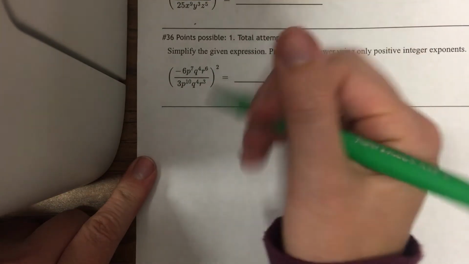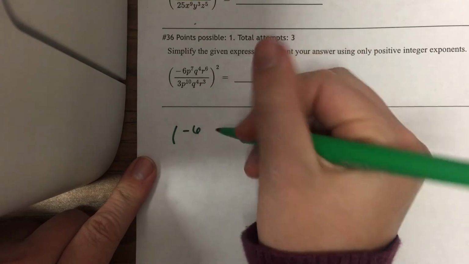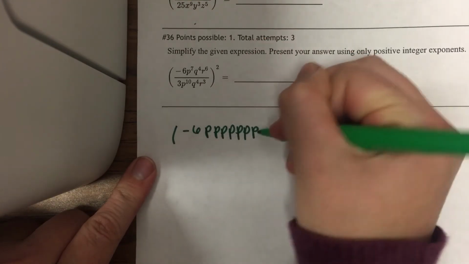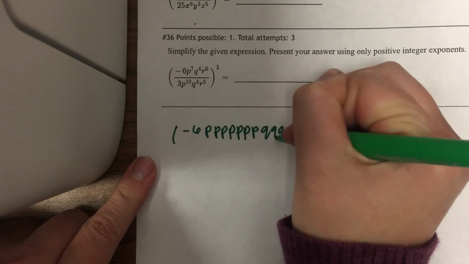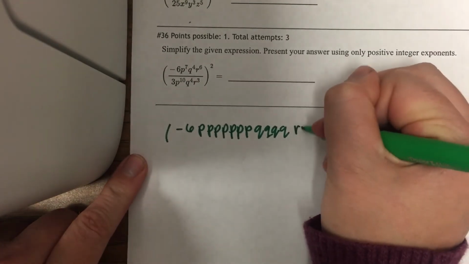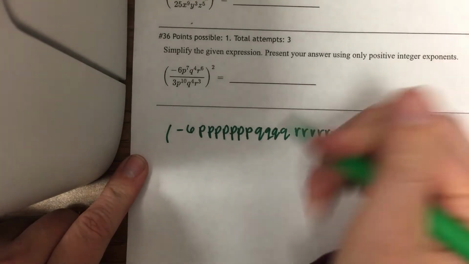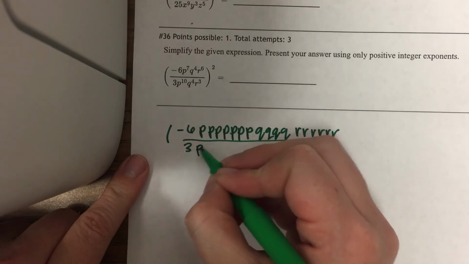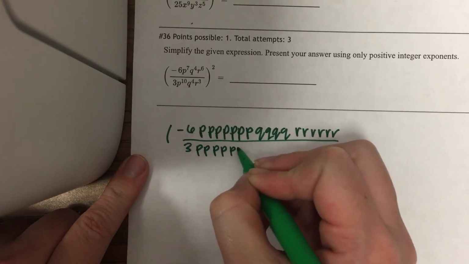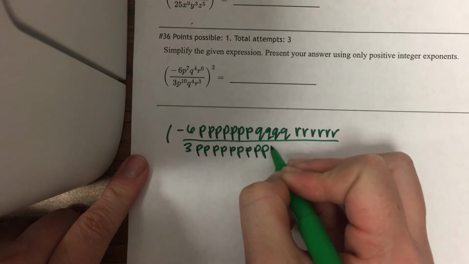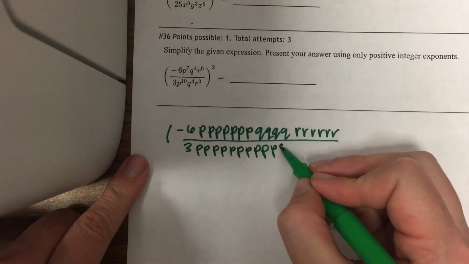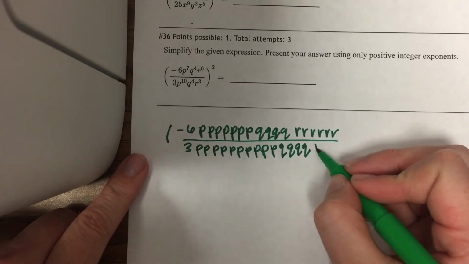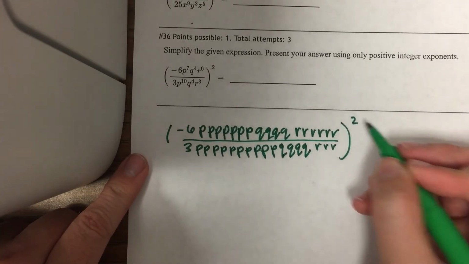So if I rewrite this, I would have -6, 7 P's, 4 Q's, and 6 R's over 3, 10 P's, 4 Q's, and 3 R's, squared.